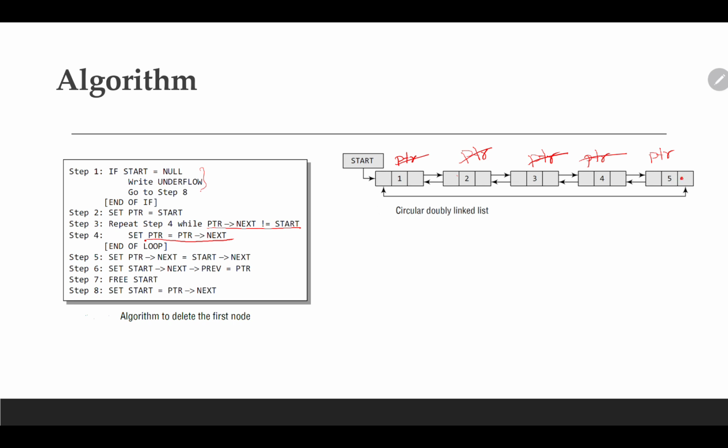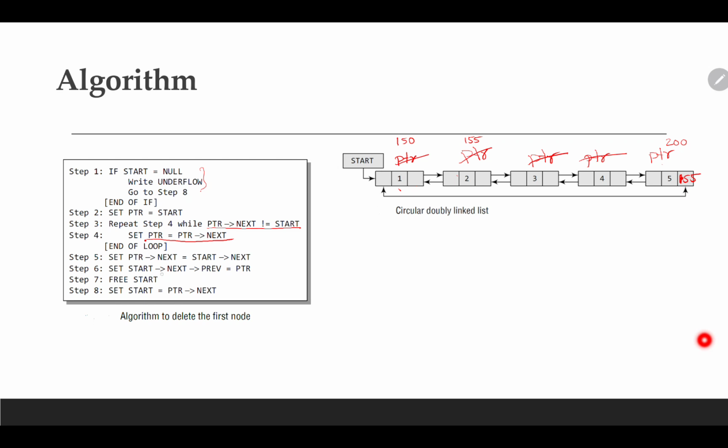Here I'm giving the memory addresses. For example, it is 150, it is 155, and consider this as 200. So this is the ptr node, and in the next part it should be start->next. So this is the start, and what is its next? It is 155, so it contains the address 155.